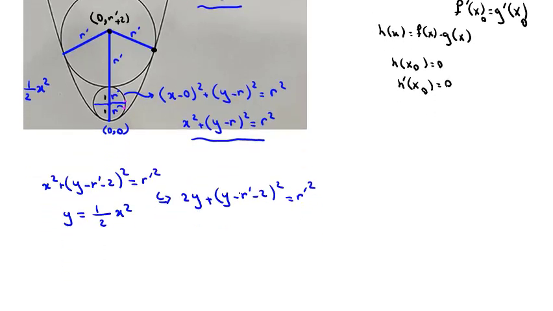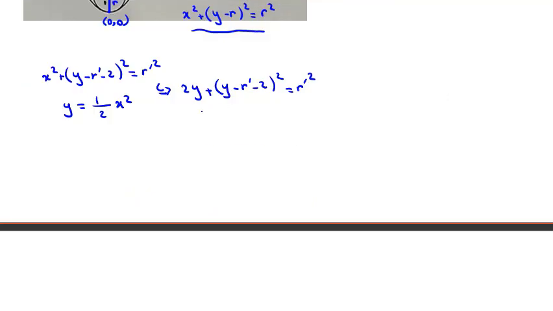Now here we can say what? If we expand, it will be 2y plus y squared plus r prime squared plus 4 minus 2y r prime minus 4y plus 4r prime equal to r prime squared.